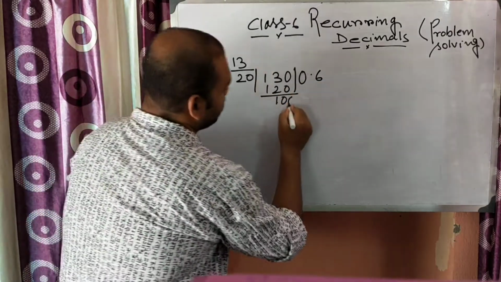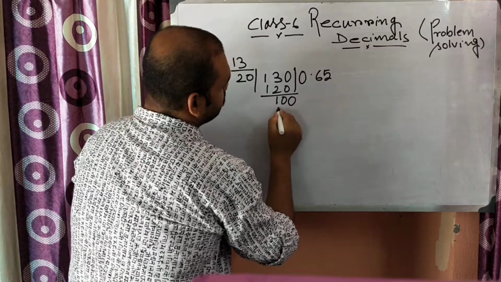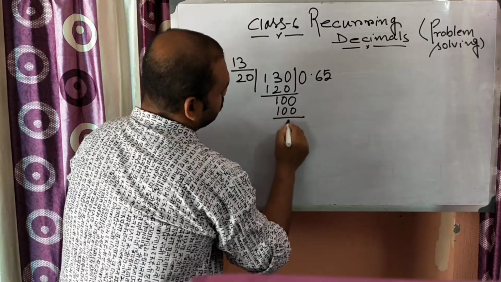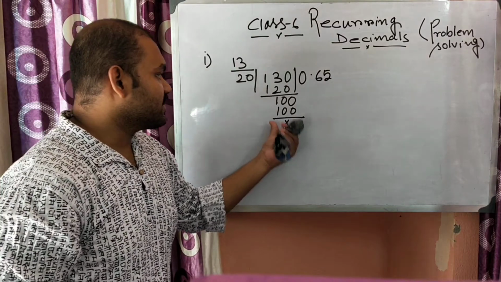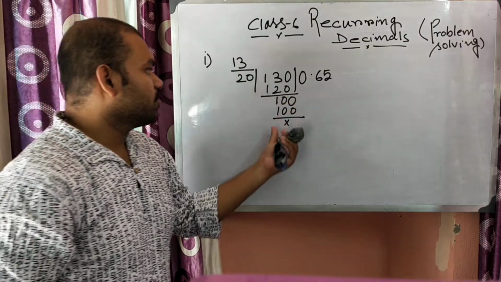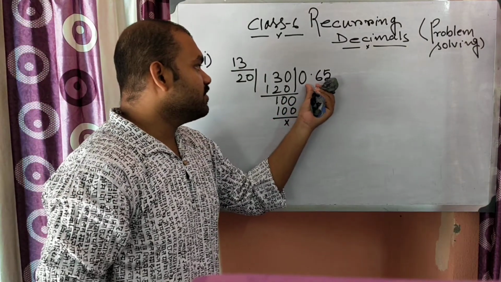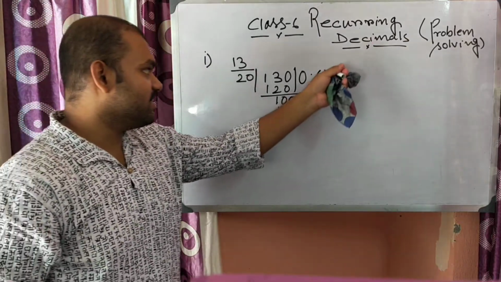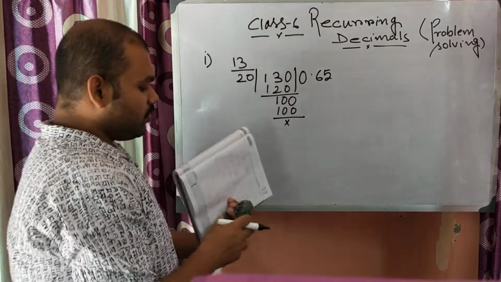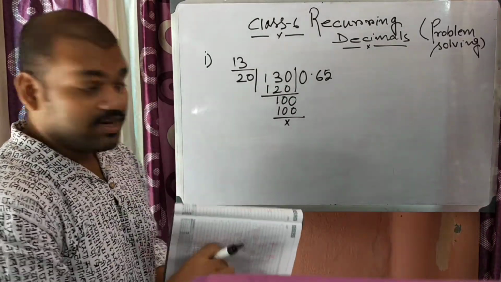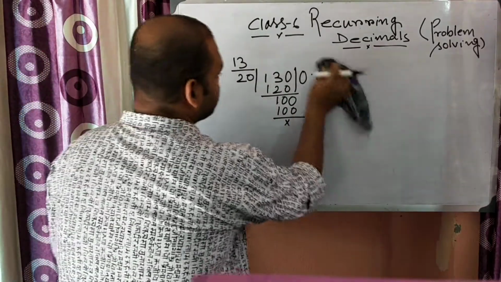So for the point we can bring 1 0. So 5. After this, 100 and 100 cancel out. So the answer will be 0.65. As it terminates here, it is a finite decimal.